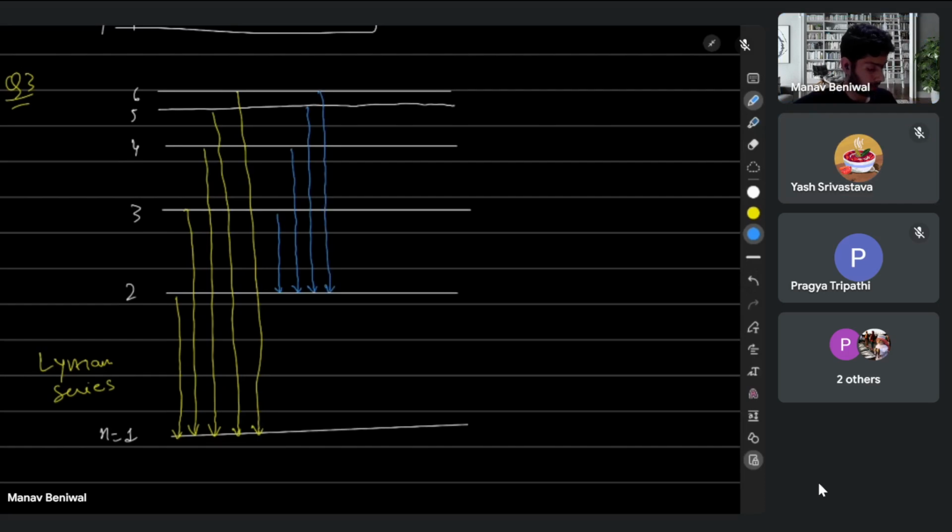Yes, correct. And this one? Sir, infrared spectra and Paschen series. Yes. So these two, we just solved in the previous problem, right? So in the previous problem, we were dealing with this transition and this transition.